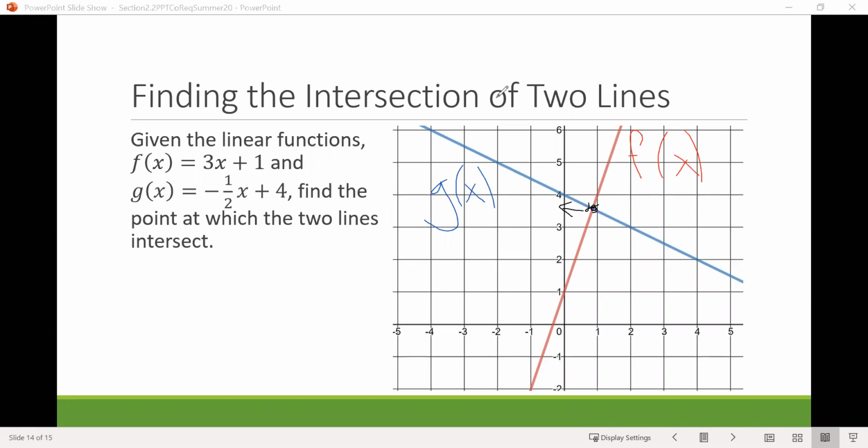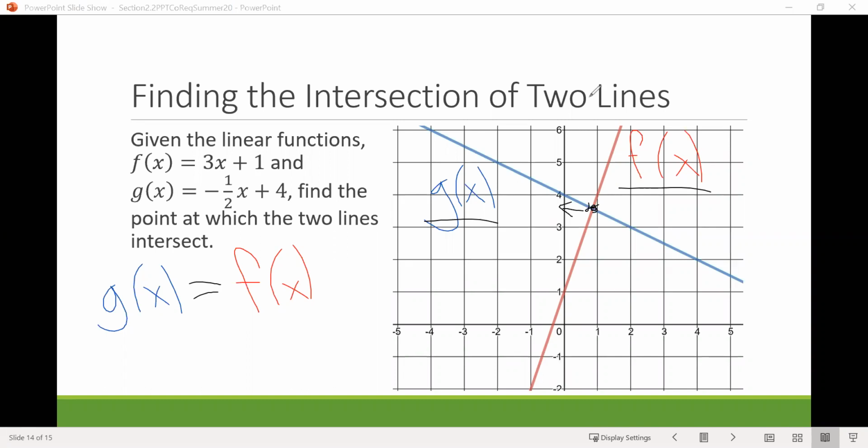Which means that for inputting a certain value of x, the value g of x, which represents an output, is going to be equal to inputting that same value into the function f, where the output would be represented by f of x. So we've got this equation where g of x equals f of x.